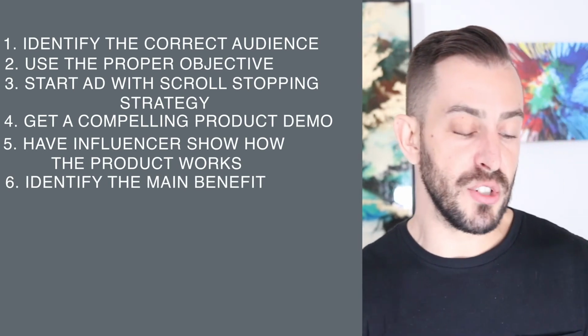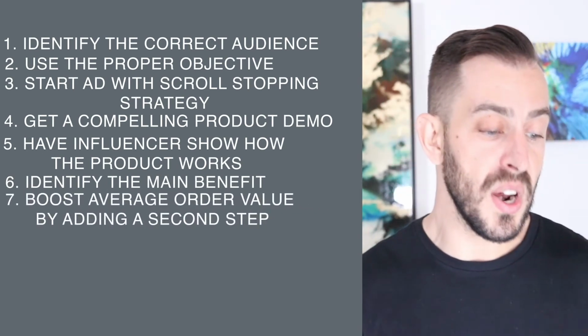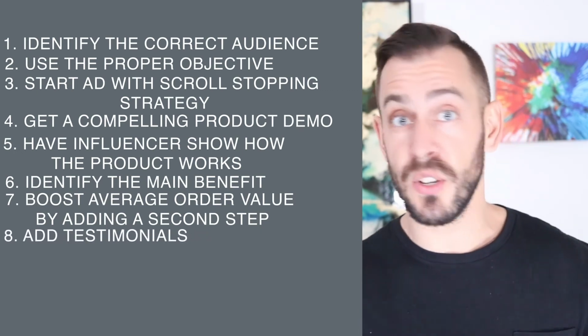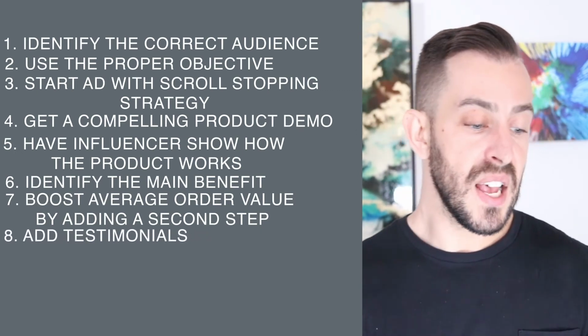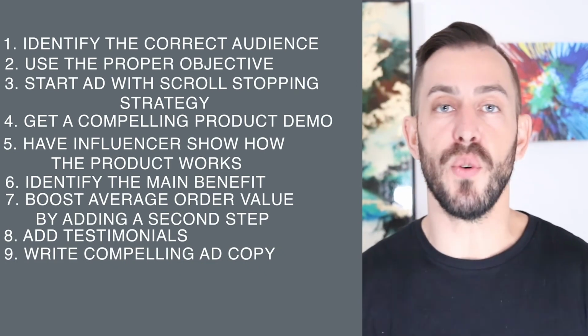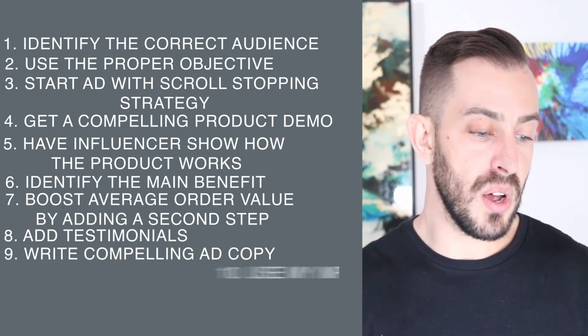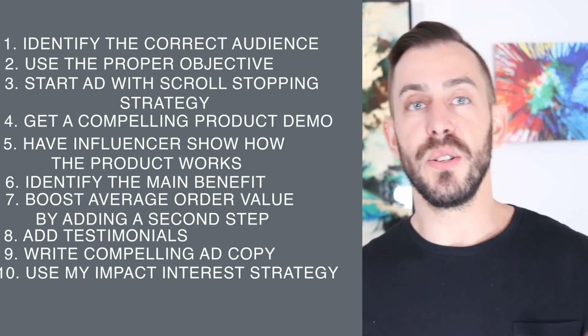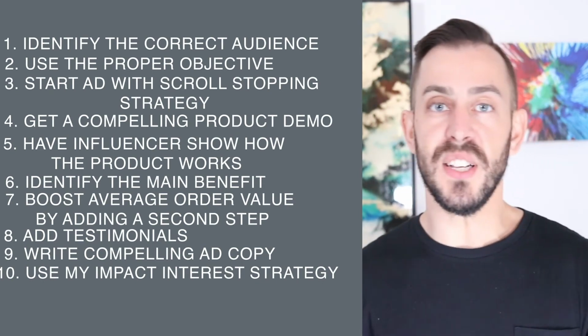Step 7, boost average order value. That was at step 2, if you remember. And then step 8, add testimonials, very important, inspire that trust. Step 9, write compelling ad copy or use my people to do it for you. Link in the description box below. And then step 10, use my impact interest strategy. And that's the 10-step process that made it possible for this one Facebook ad to generate 6 figures in revenue.